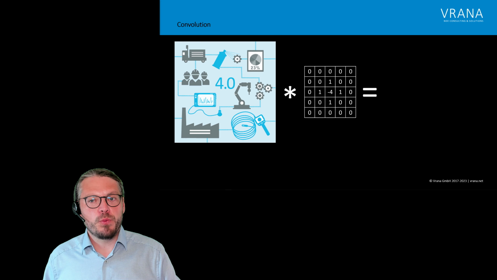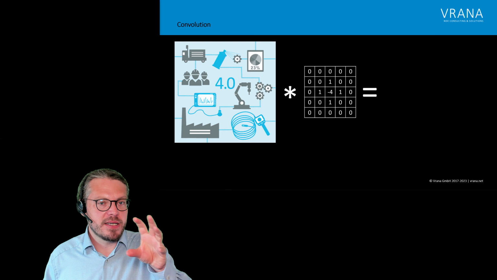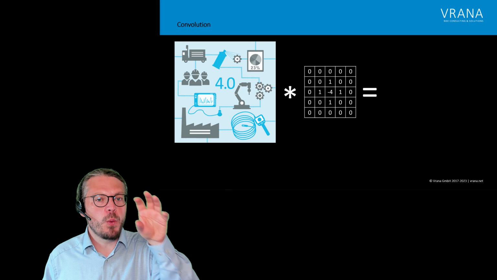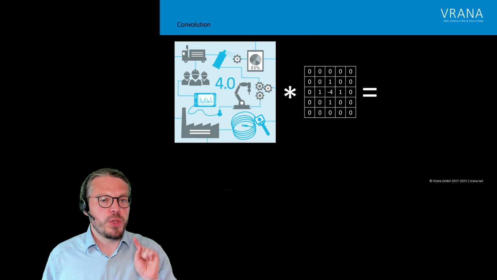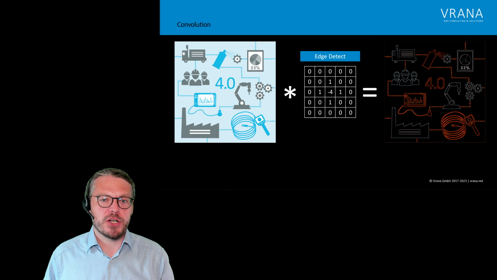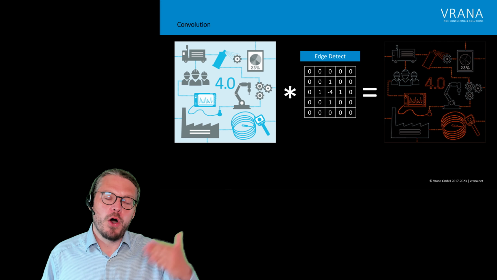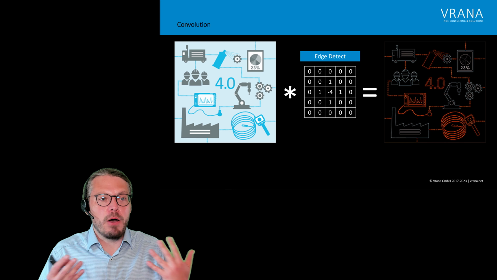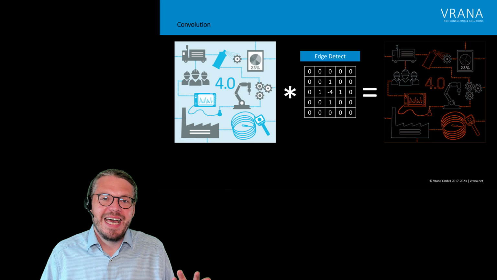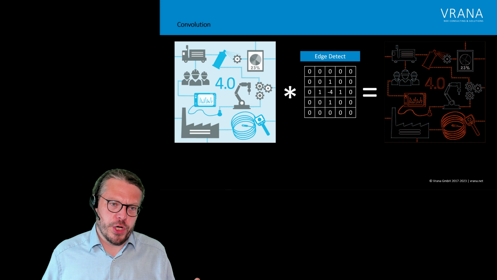People were using convolutions to do that image processing. And the example which I'm showing you here, so we use that image and we use a so-called convolution kernel. And the convolution kernel we see here, that's the one for edge detection. If we apply it on that image, then that's the result we get. And you can see how powerful that is. Now, how does a convolution work?